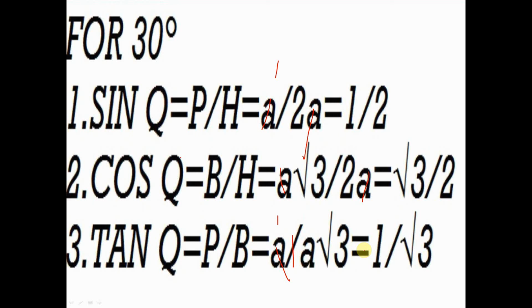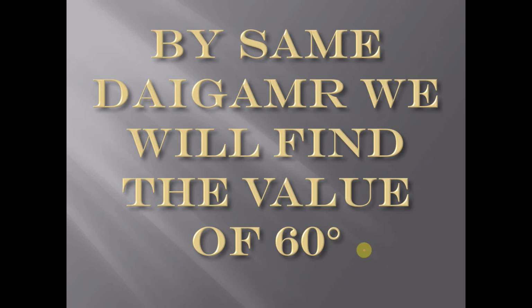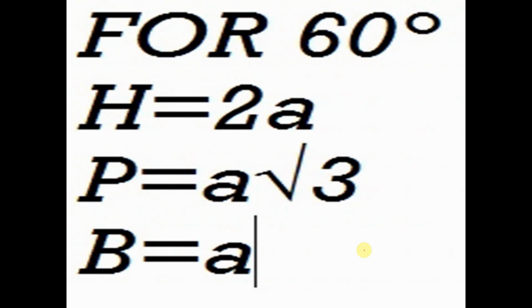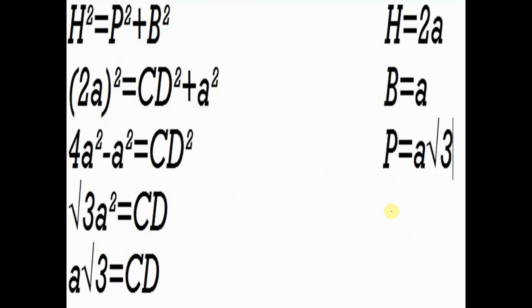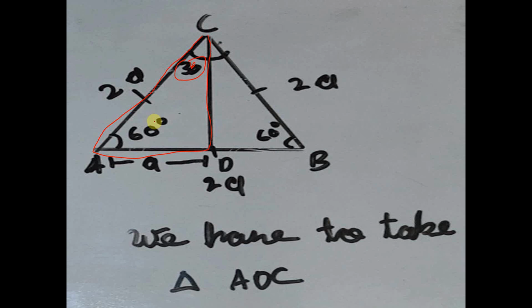Now we will take the value for the 60 degree. By the same diagram we will find the value of the 60 degree. For 60 degree, now we will take the real values. See, you can see that this value we have to take, because we are standing now on 60 degree.